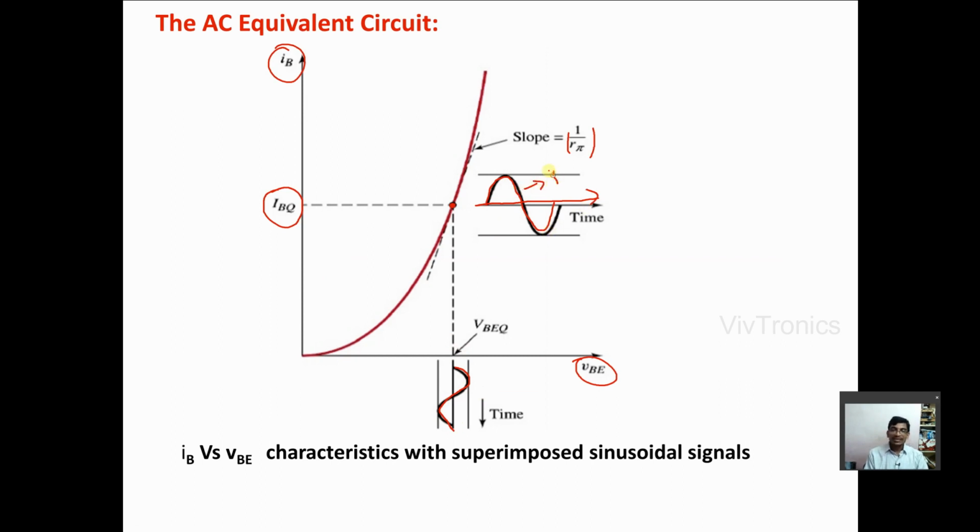So this one is the AC base current and this one is the AC voltage VBE. For this AC base current, the IBQ, the quiescent base current, is the reference line, and for the AC voltage VBE at the input side, the VBEQ is the reference line.